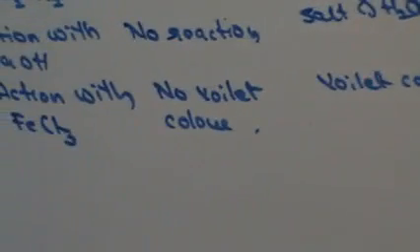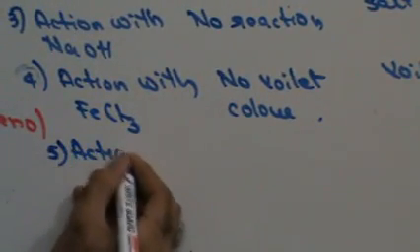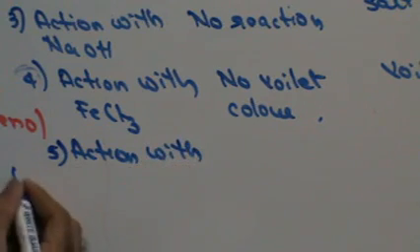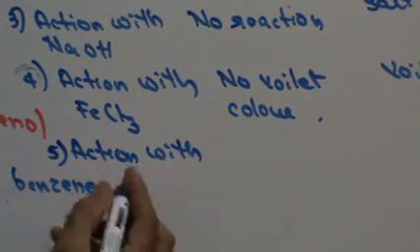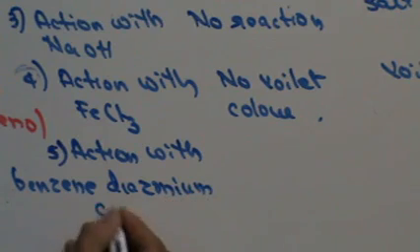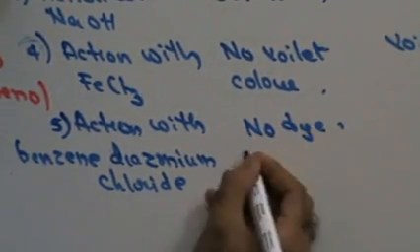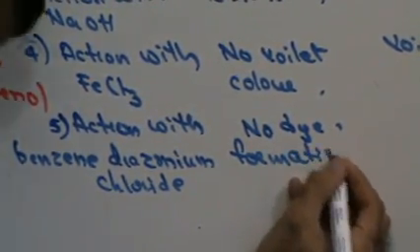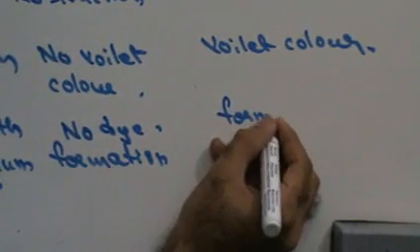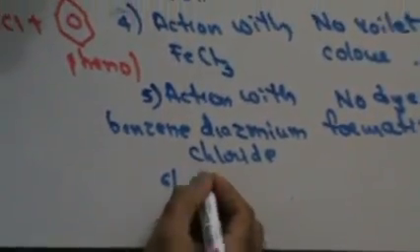Next, reaction with benzene diazonium chloride. Alcohols have no color formed, so there is no dye formation, and here you will have a color formed, and the dye will be called the azo dye. Next, with sodium metal.